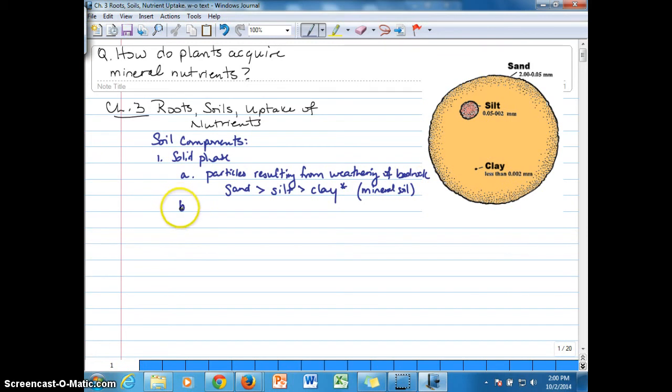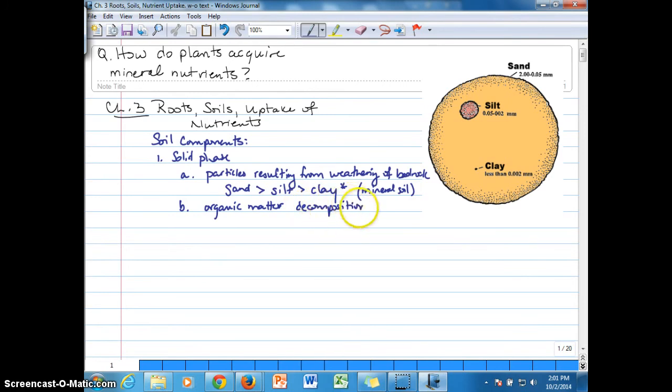All right, the second part of the solid phase includes organic materials or organic matter. And remember, organic matter comes from previously living materials, whether we're talking about plant materials, animal, different kinds of bacteria, fungi, whatever previously was living contributes to the organic matter in the soil. And this organic matter decomposes.